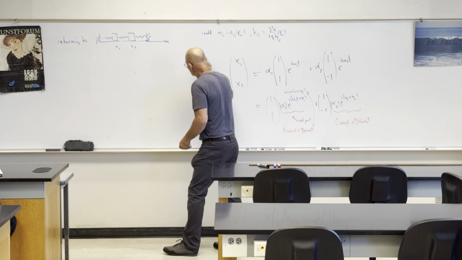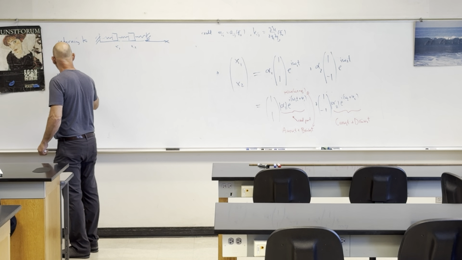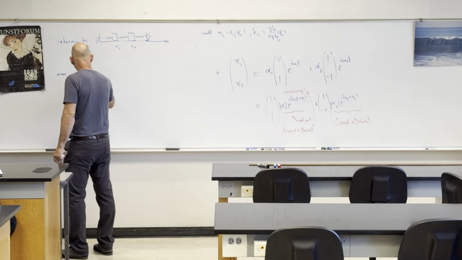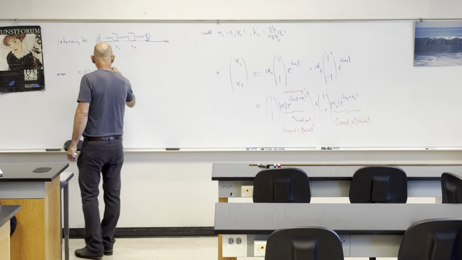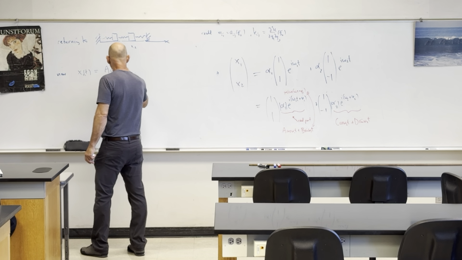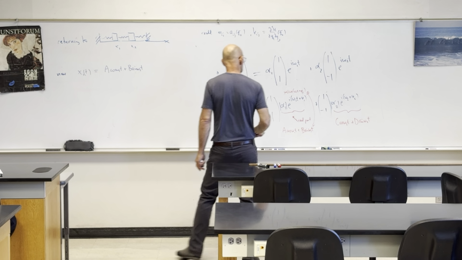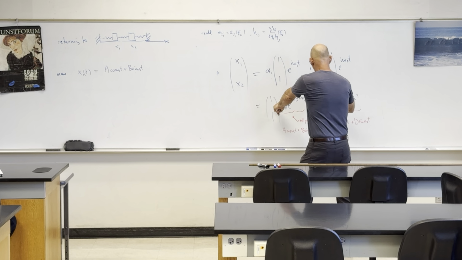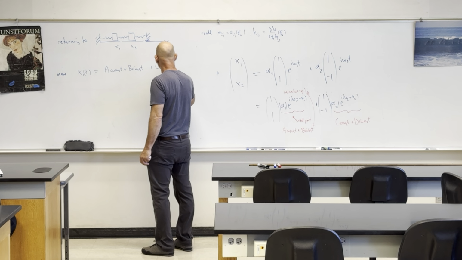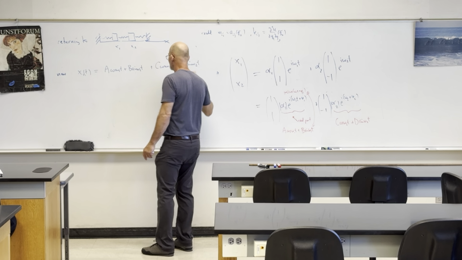So now what we're doing is solving. We have x1 p equals a cos omega 1t plus b sine omega 1t. That's the first one. And notice we have a 1 up here as well, plus c cos omega 2t plus d sine omega 2t.